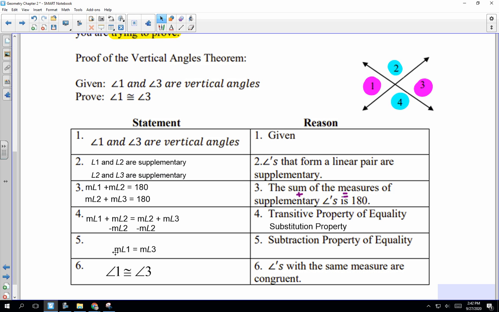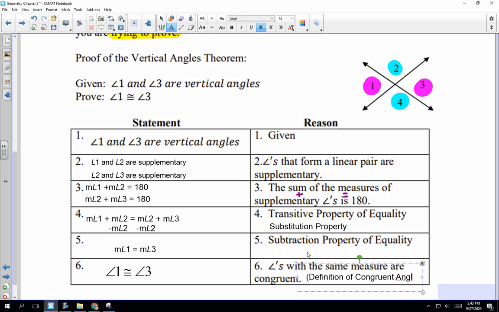And then we can say angle 1 is congruent to angle 3 because angles with the same measure are congruent. Another way to say it, and it's completely okay to say it like this, is definition of congruent.